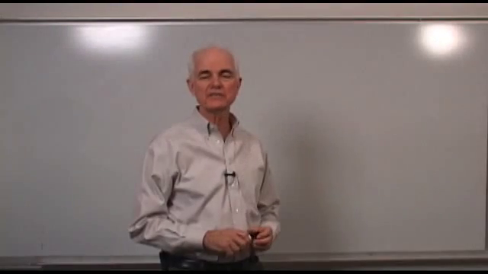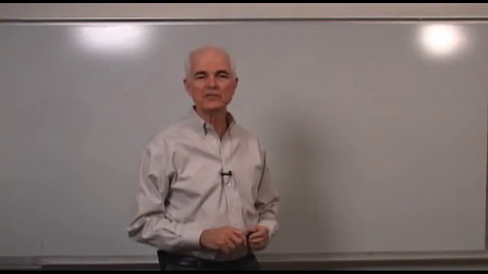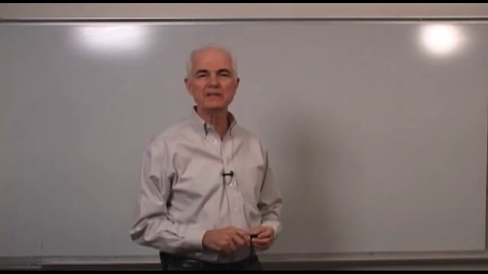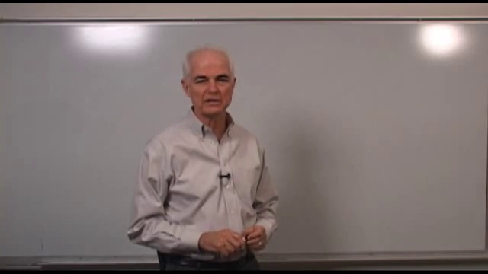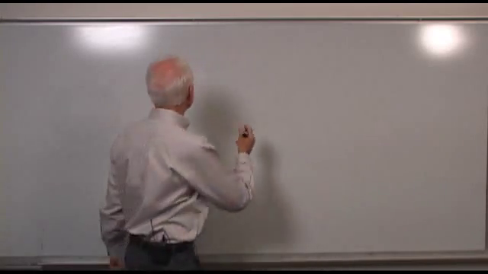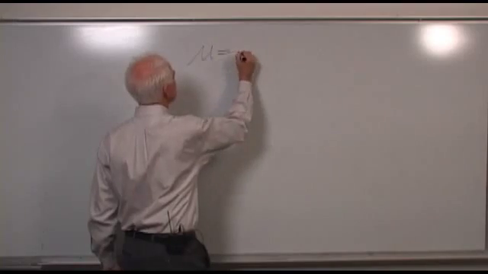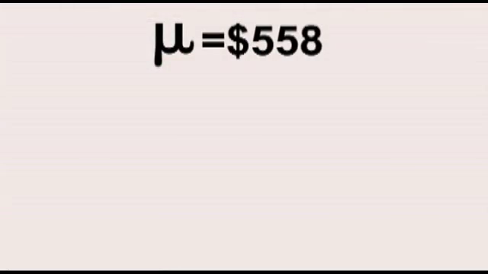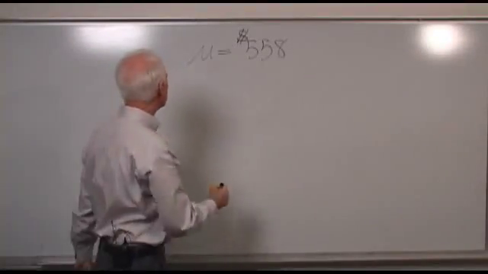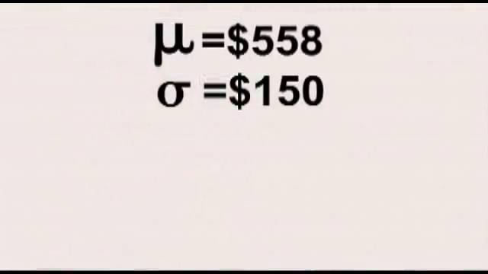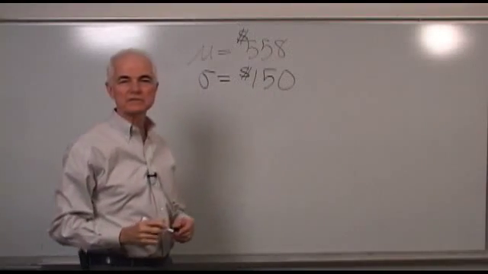A U.S. study of consumer spending reveals that, on average, women spend $558 a year on consumer electronics. That is, the mean amount of spending annually is $558. Suppose that we know that the population standard deviation is also $150.